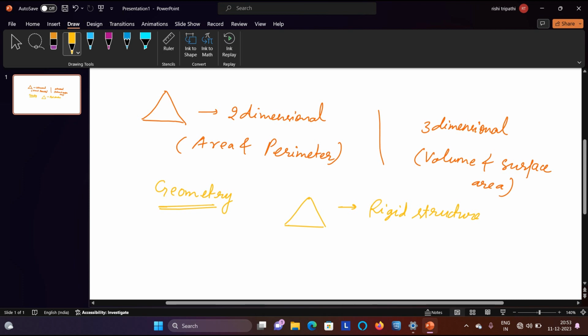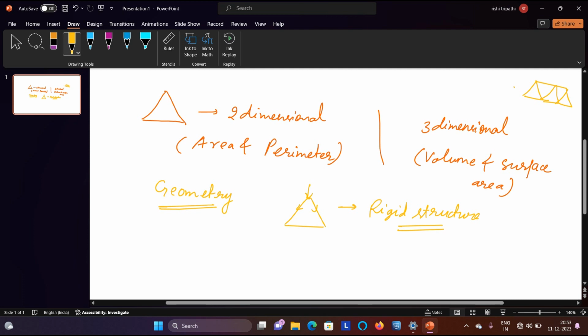You might have seen bridges. In the bridges, you will find triangular beams, which are called truss. There will be a distribution of forces here, so it will form a rigid structure and it will not move. That's why the bridges are built this way.